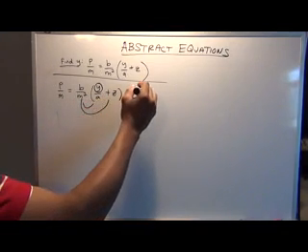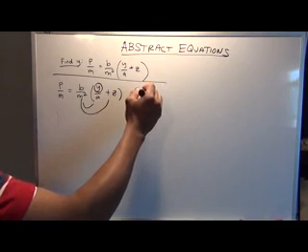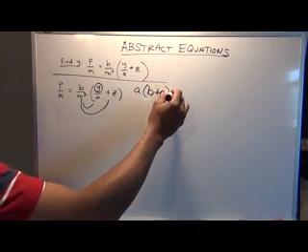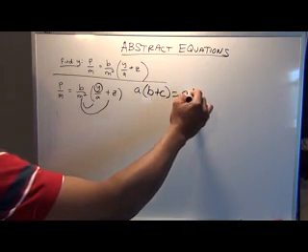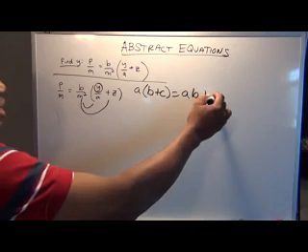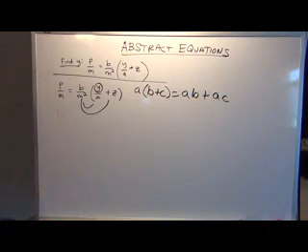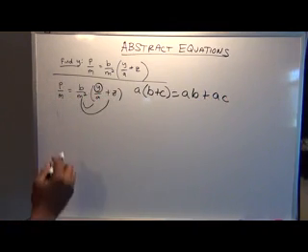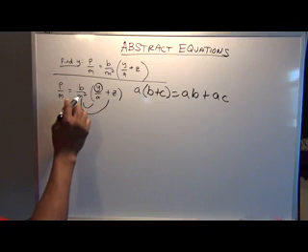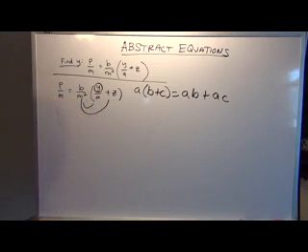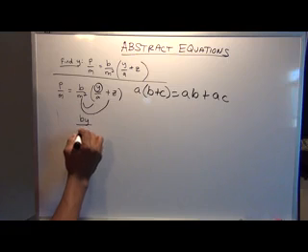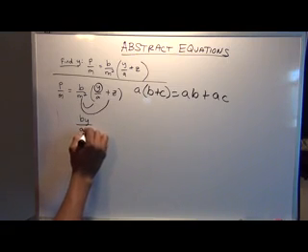As we recall, the distributive property is A times (B plus C) is equal to A times B plus A times C. So that's A, that's B, and that's C. So B over M squared times Y over A is equal to B times Y over A times M squared.